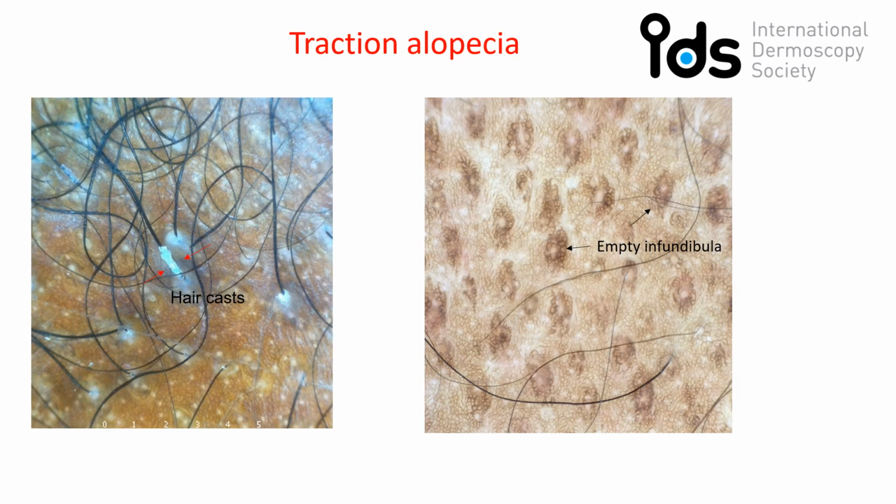In traction alopecia, you know that we have these empty infundibula that you see like these brown circles in the skin, and we have hair casts. The hair casts basically correspond to active traction, and actually they correspond to the hair sheaths that are surrounding the hair shaft and coming out on the surface.